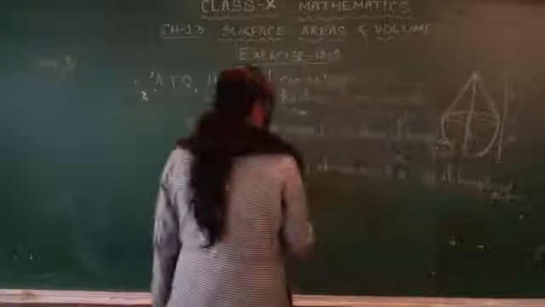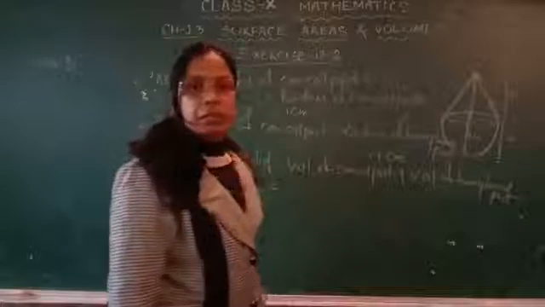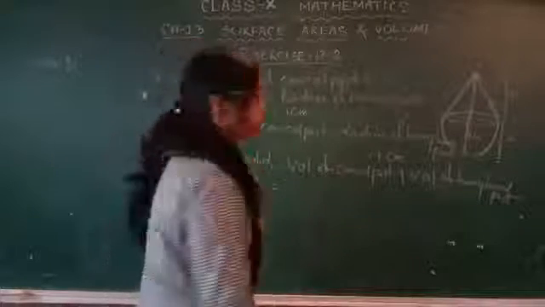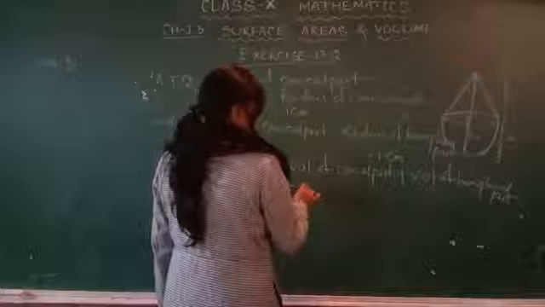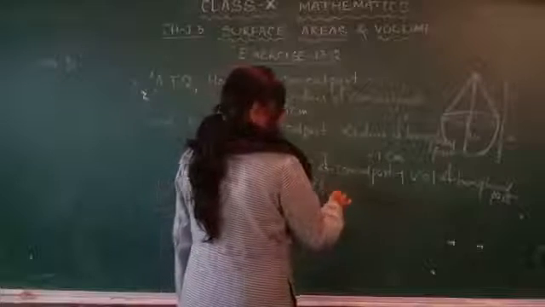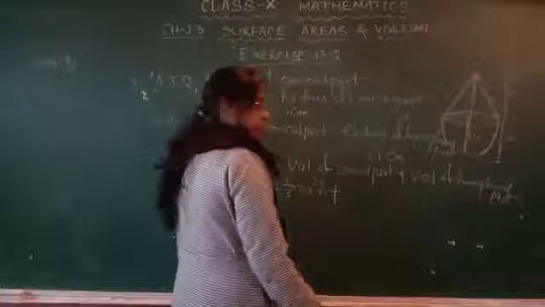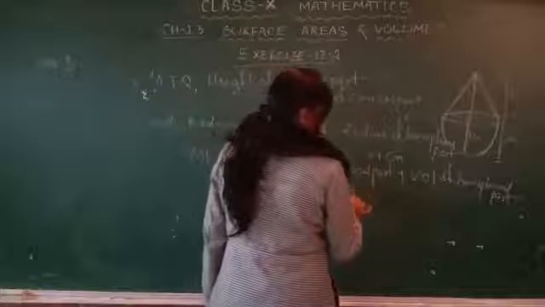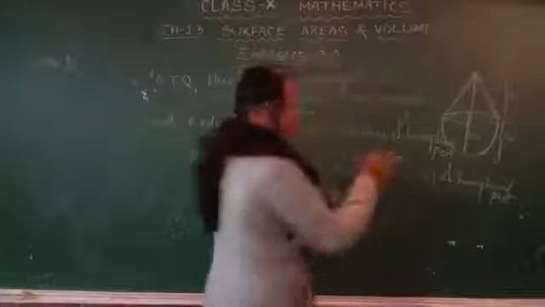So that is the volume of the conical part, 1 upon 3 pi r square h, plus the hemispherical volume, that is equal to 2 upon 3 pi r cube.